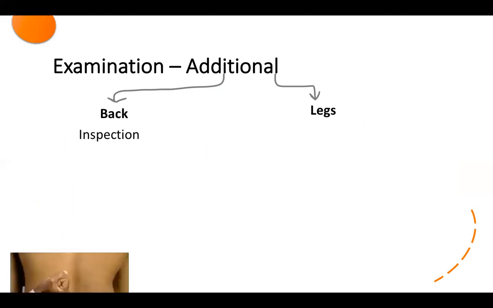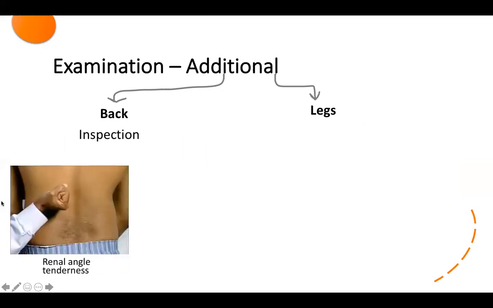Okay. There are some additional bits in an abdominal examination that can give you extra information. So the first thing is having a look at the back. Do a quick inspection. So again, just see if you can see any abnormalities, any scars, any rashes, any visible masses. The other thing you can check for is renal angle tenderness.